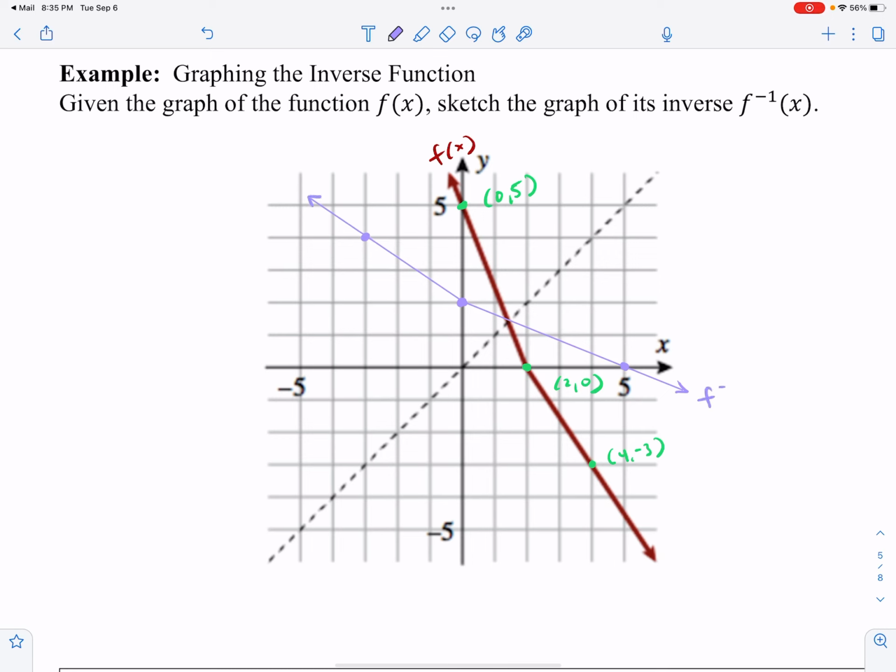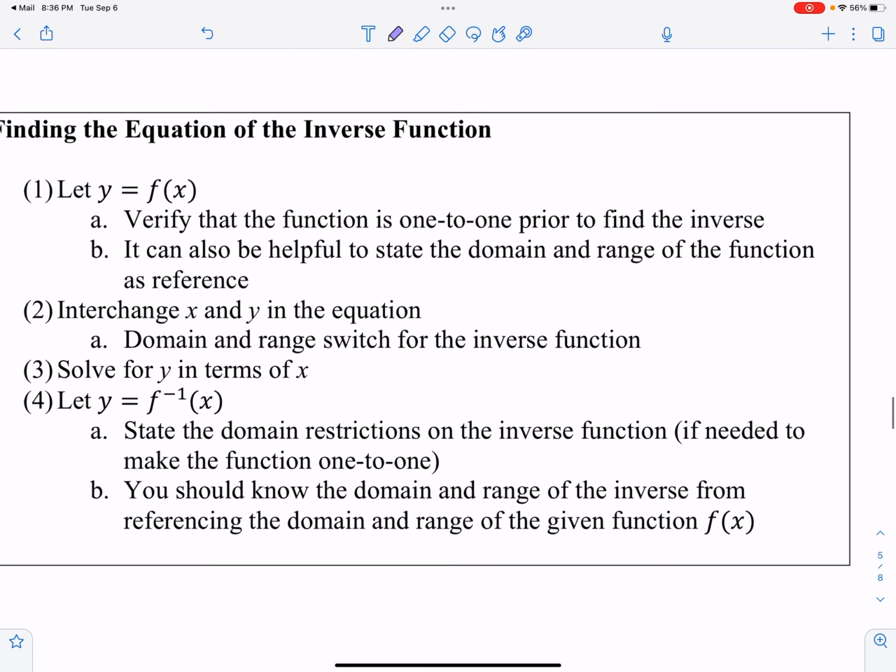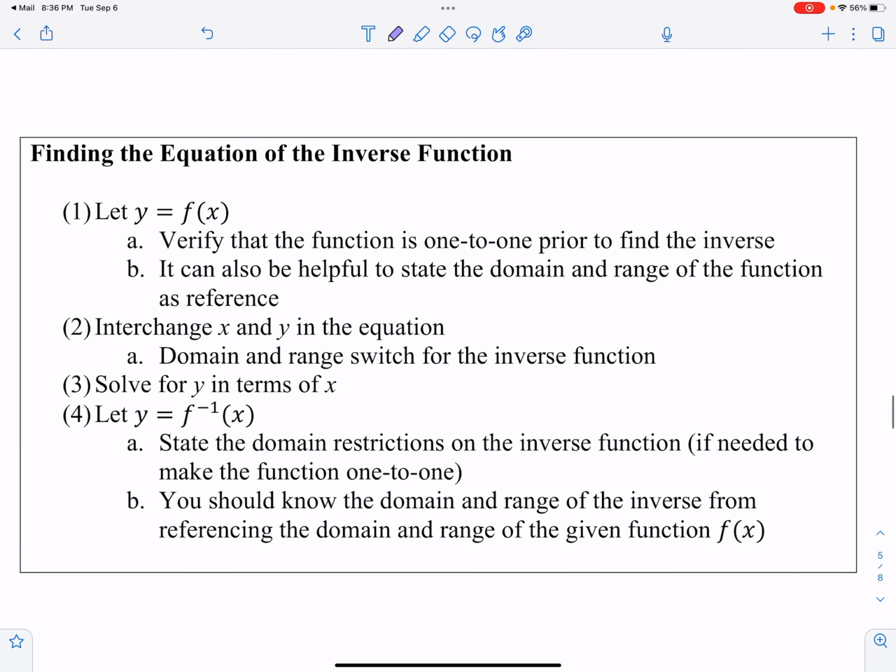So that would be f inverse. Now we keep falling back on the definition of an inverse function, right? Domain and range flip-flop for two functions that are inverses of each other.